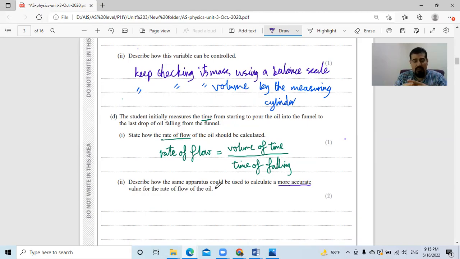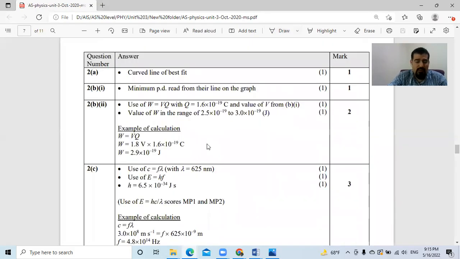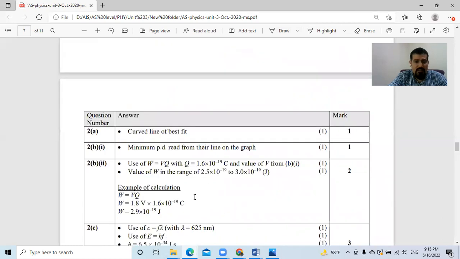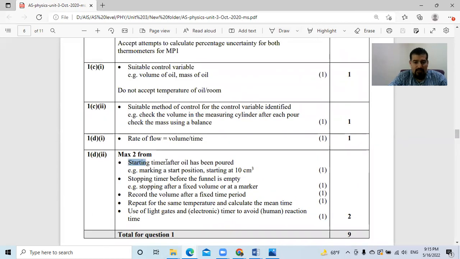What do you need to measure? Since we are trying to measure the rate of flow of the oil here, we have to be more specific and more clear to do this. If we look at the mark scheme, they say: start the timer as the oil is poured, or stop the timer before the funnel is empty, because I don't need the last drop here.